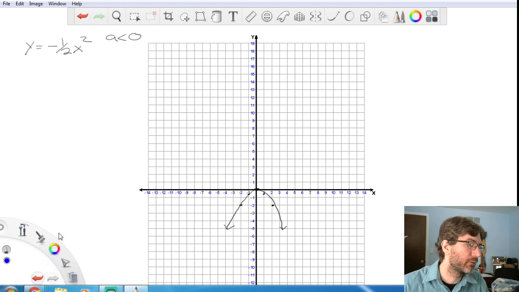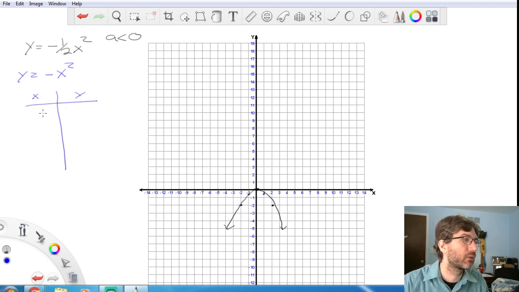So let's do a blue one where y equals -x squared, right? xy table, 0, 1, 2, -1, -2. Coming in, plugging things in. 0 squared is 0, times 0, 0, right?